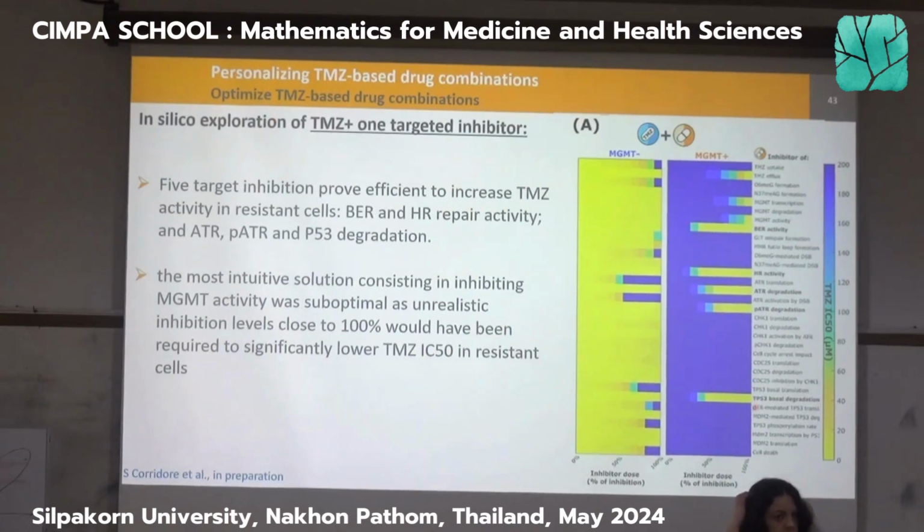If I take this one, which is base excision repair, and combine temozolomide with an inhibitor of base excision repair, I will sensitize my cells. In particular, if I inhibit my repair by around 40%, I will make my cells die when I expose them to temozolomide, just after exposing the cells to the inhibitor of base excision repair.